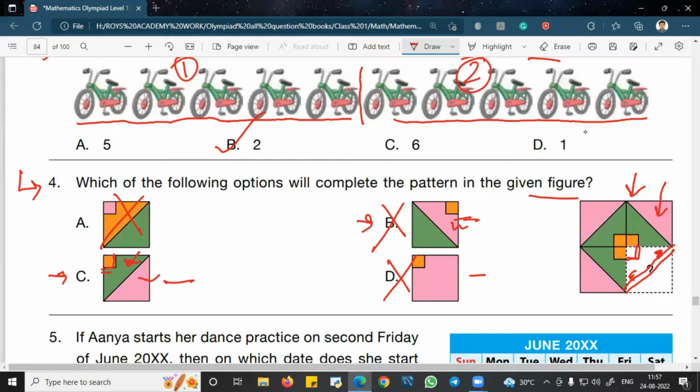But in the case of B we could not see that, it is on the right section. So that's why we have to say option C is the right answer because it is on the left side, and we complete the left side.